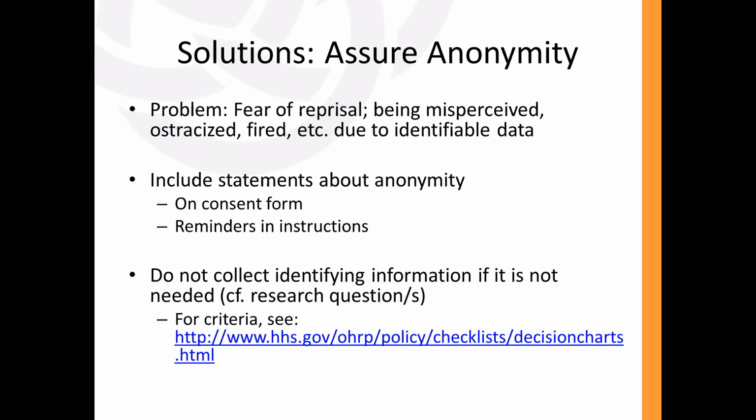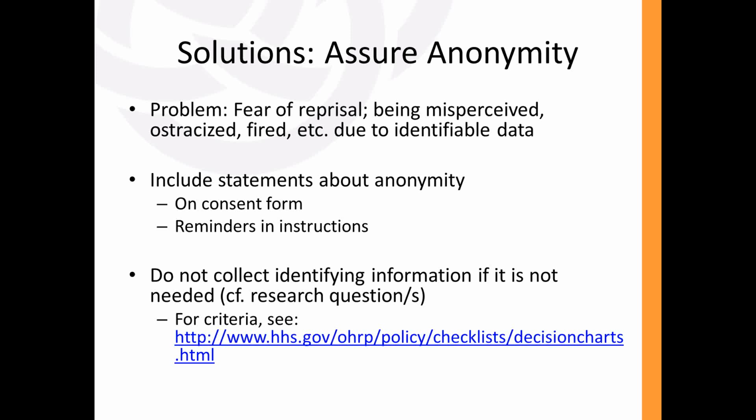The problem, of course, is that people fear that there will be some kind of repercussions, that they're going to be misperceived, ostracized, even fired due to identifiable data becoming publicly available. And if that happens, you want to make sure to have good anonymity procedures in place, like I've sort of talked about, and also include those statements explicitly both on the consent form and, again, reminders in the instructions before each instrument that you administer that it is, in fact, anonymous.